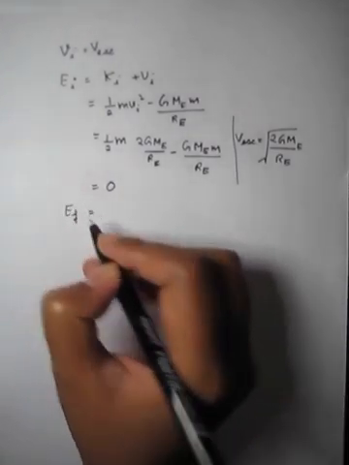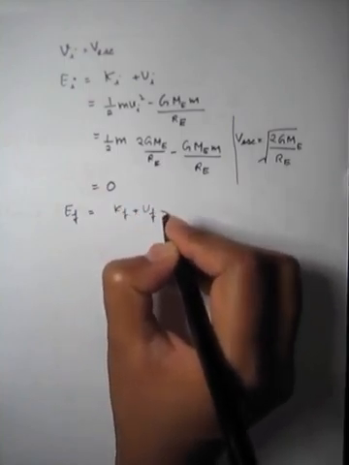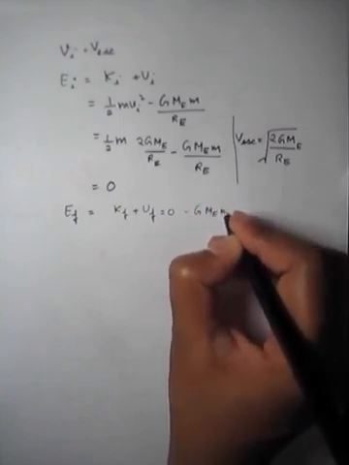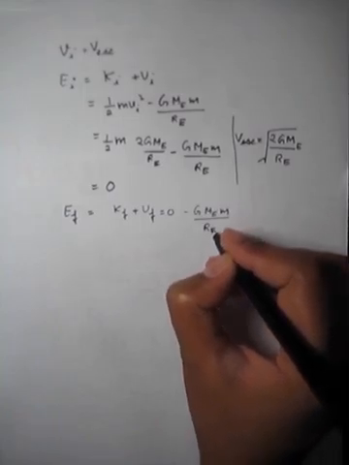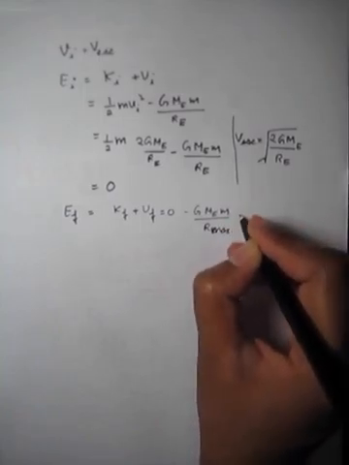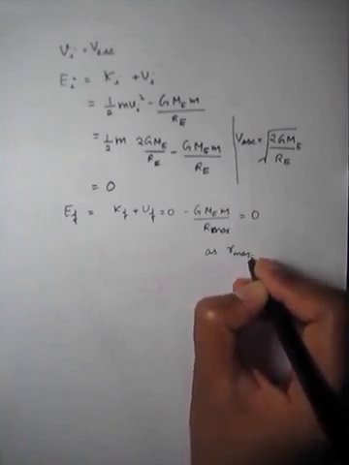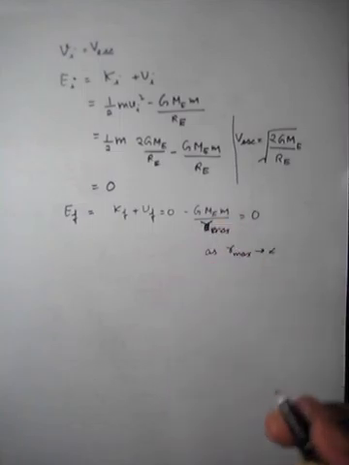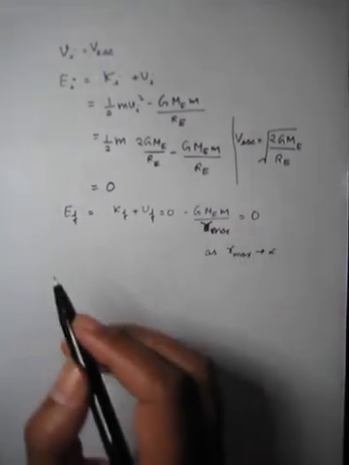Also the final energy we know is K_f plus U_f, so it will be 0 minus G M_E m upon R_max, which will also be 0, as R_max is infinite. So the final energy will also be 0.